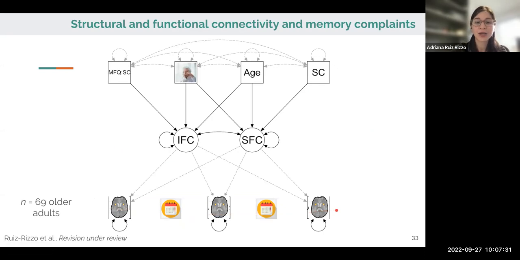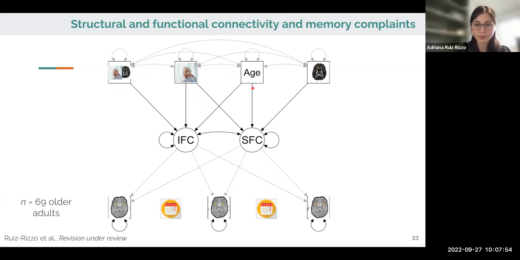We also had measures of memory complaints or subjective cognitive decline, and measures of structural or white matter connectivity. We also looked at the interaction between memory complaints and structural connectivity, and we took age into account.